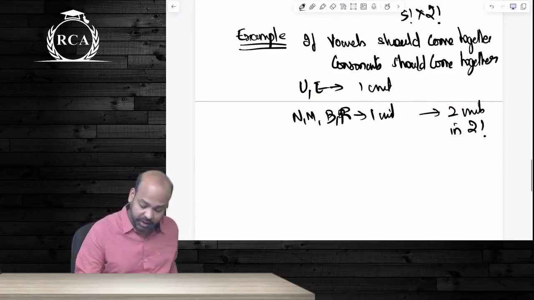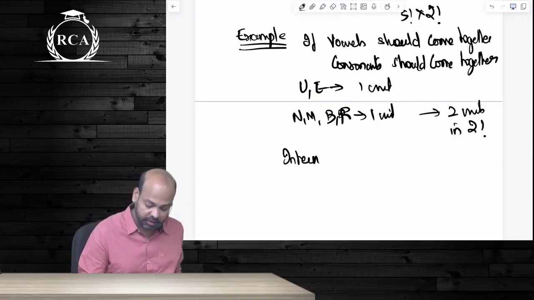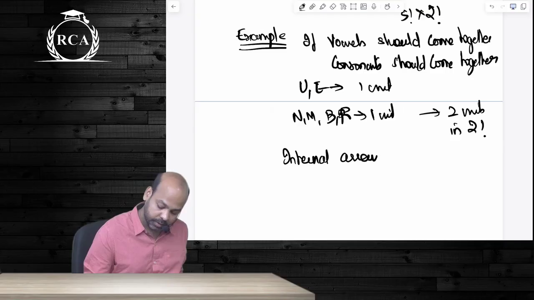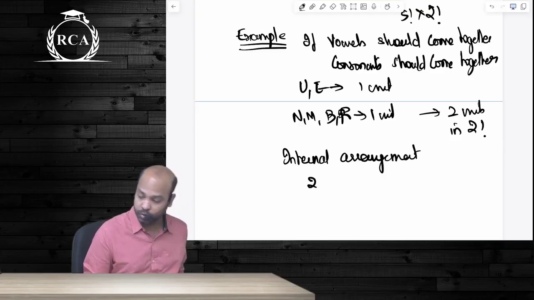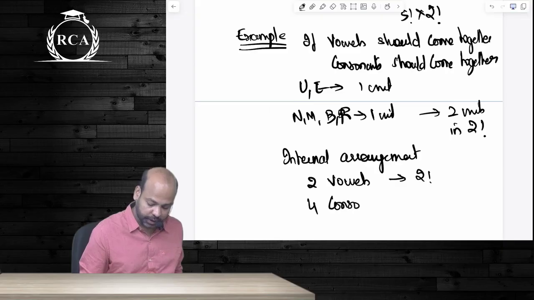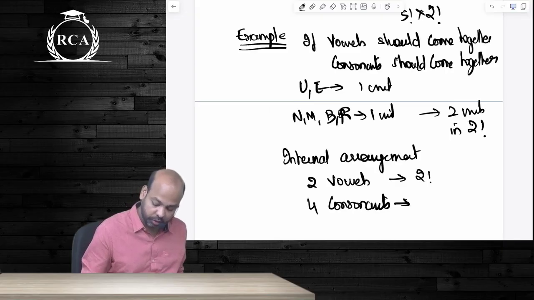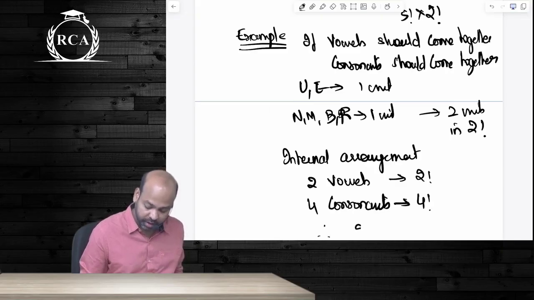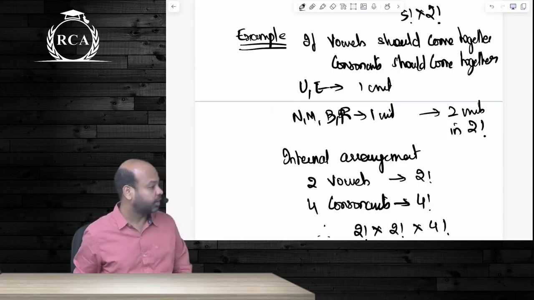After this comes internal arrangement. What will you do for internal arrangement? Two vowels can be arranged in how many ways? 2 factorial ways. The 4 consonants can be arranged in 4 factorial ways. So therefore the final answer will be 2 factorial into 2 factorial into 4 factorial.